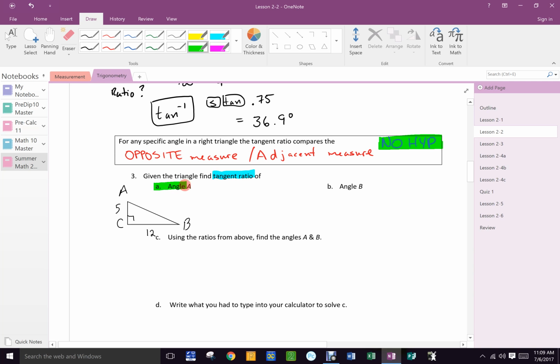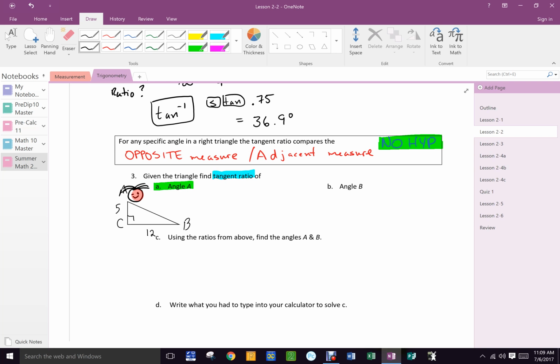What does this question say? Which angle does that question say I am working with? A. Where is angle A? It's right there, yes? So I'm going to draw me at angle A. Is everybody cool with that? Because the question tells me I'm at angle A. I want the tangent of angle A. Tangent is always opposite over adjacent, yes?